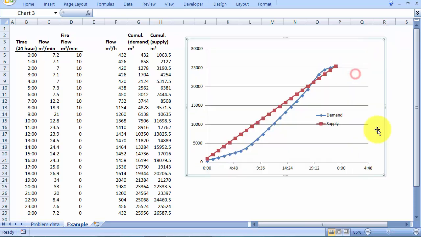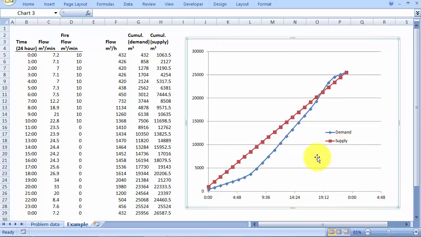Okay, let's make this graph a bit bigger. We can see over the 24-hour period, our constant supply in red climbs up so that it exactly matches the demand. But in various parts of the day, the demand lags behind the supply, and in other parts of the day, the supply lags behind the demand. At this portion of the day, we're going to have a region in which the supply has filled our storage unit, whatever it happens to be, a quite significant amount.